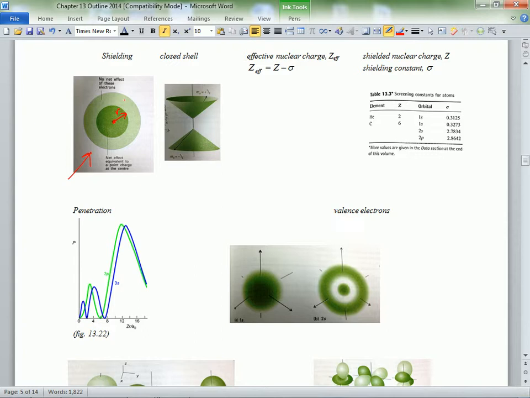All they're trying to say is, what's the charge on the nucleus? Positive. What's the charge of an electron? Negative. So at that distance r, that's where this electron is supposed to be. Well, what's between it and the nucleus? More electrons, because we're talking about many-electron atoms now. So there's electrons all over. But the electrons that are in between the electron we're interested in and the nucleus end up just shielding.